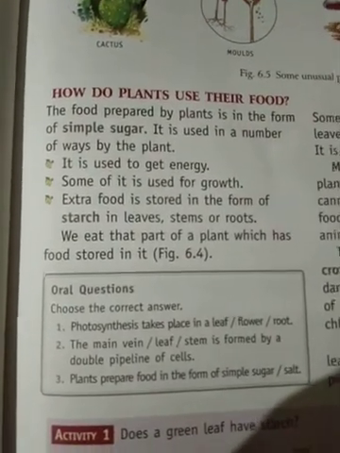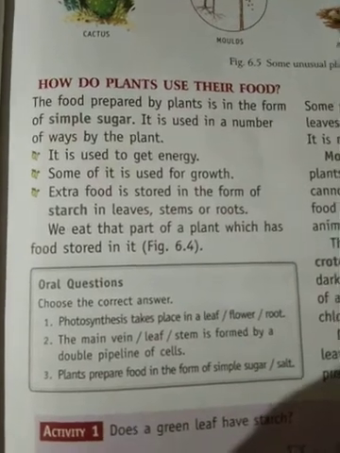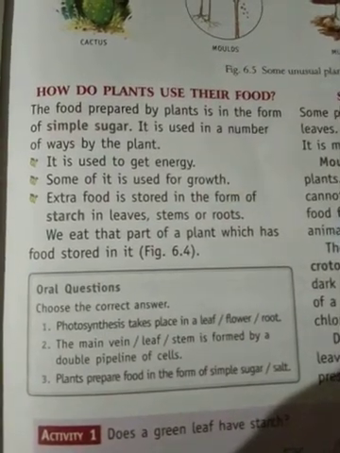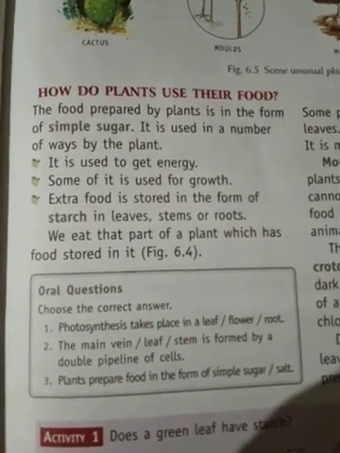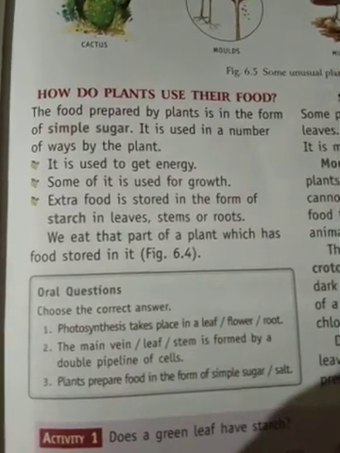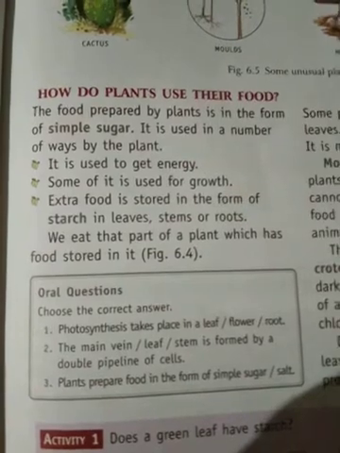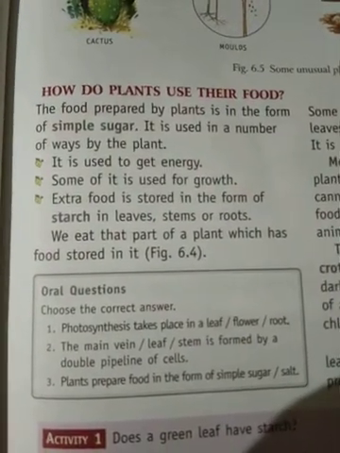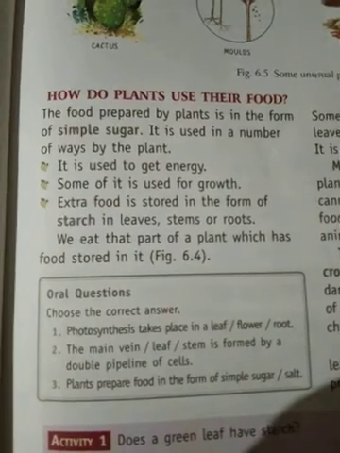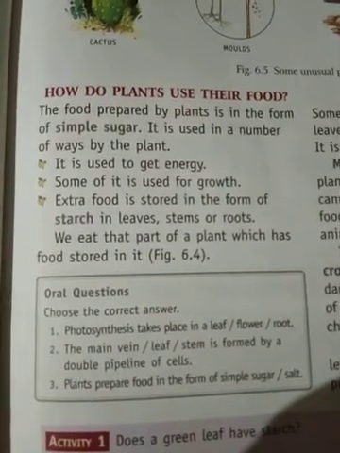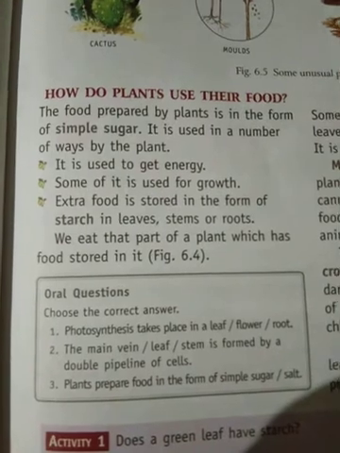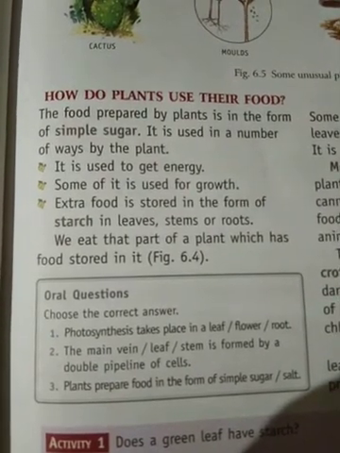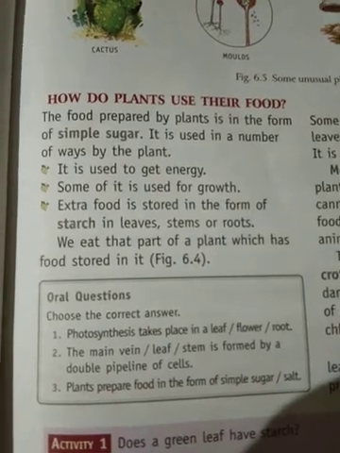So the amount of food that is not used by the plant during the daytime is converted into a complex form called starch, and the plant starts storing the starch in various parts. Sometimes it might be stored in the leaf only, or sometimes in the stem, or sometimes in the root.